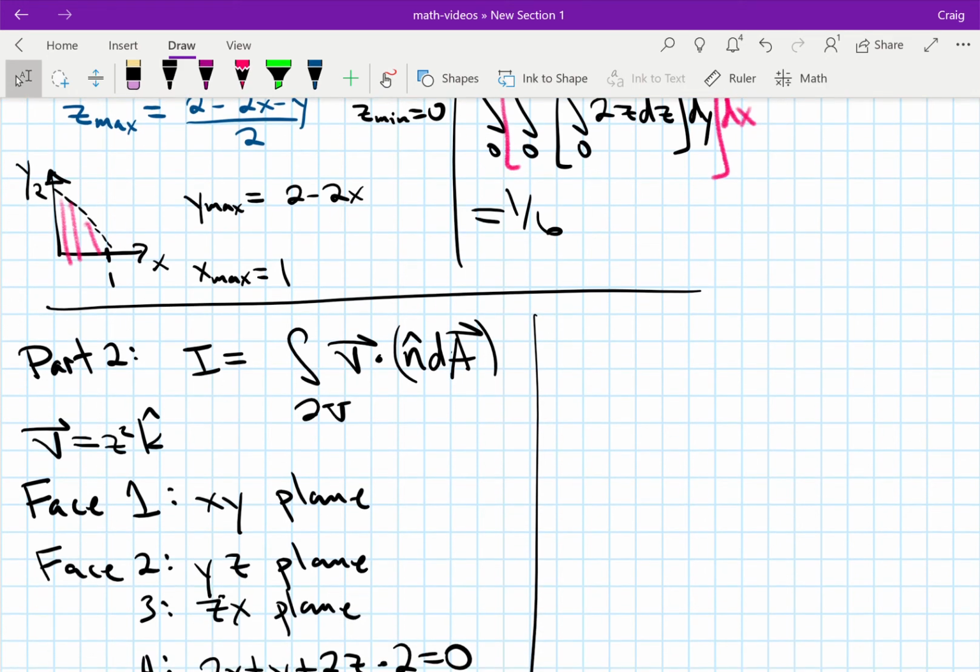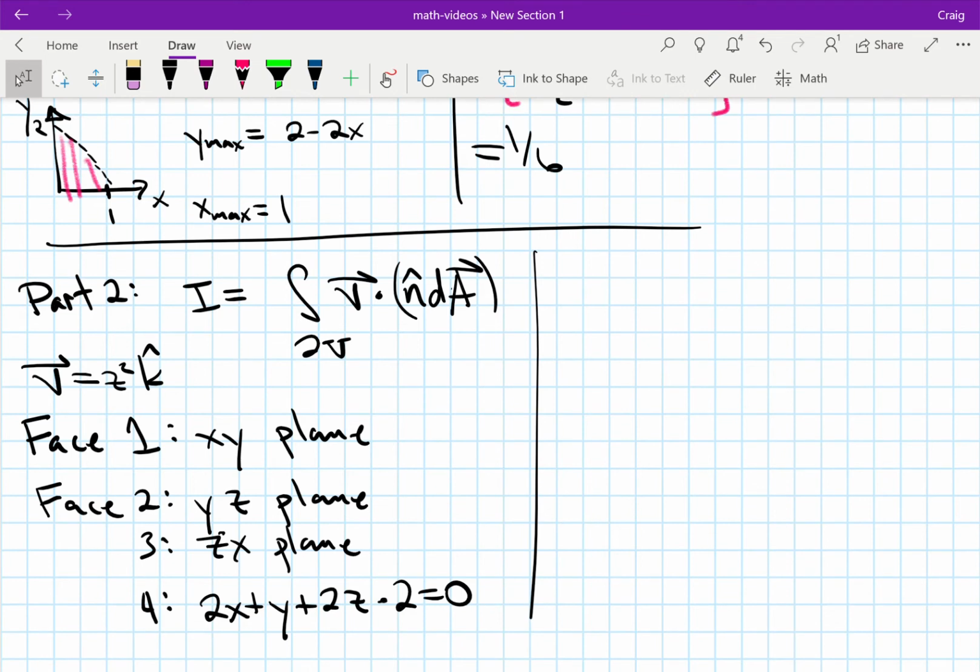We immediately know that the yz plane and zx plane have no flux. So yz plane, so face 2, the normal vector is i hat. Face 3, the normal vector is j hat.